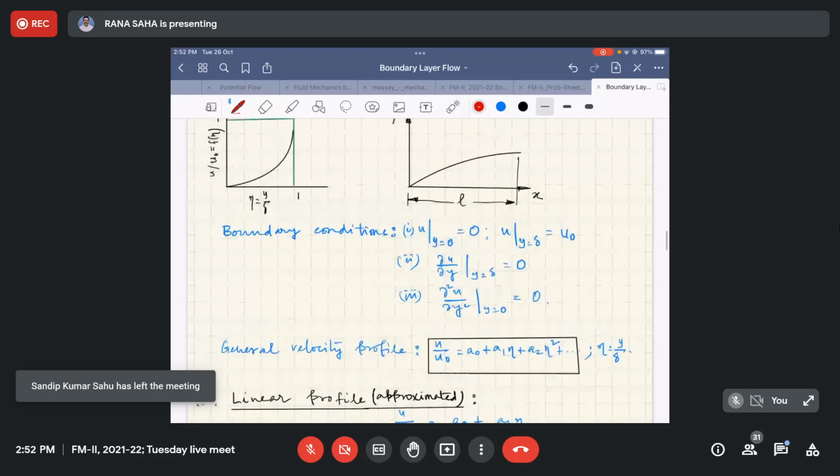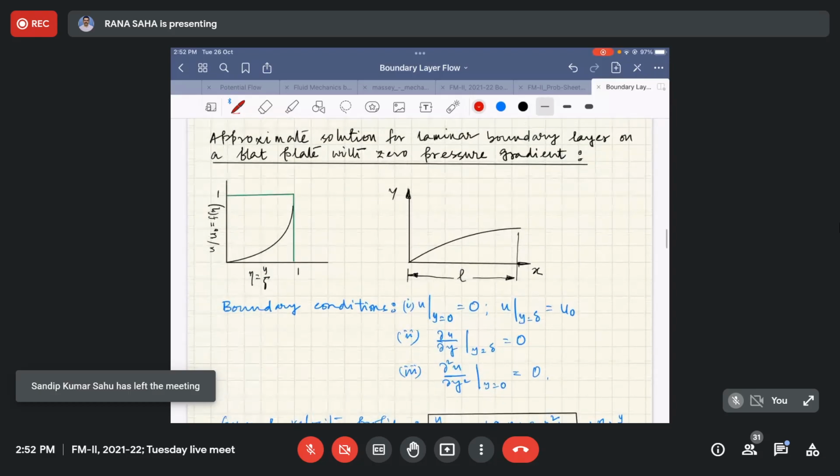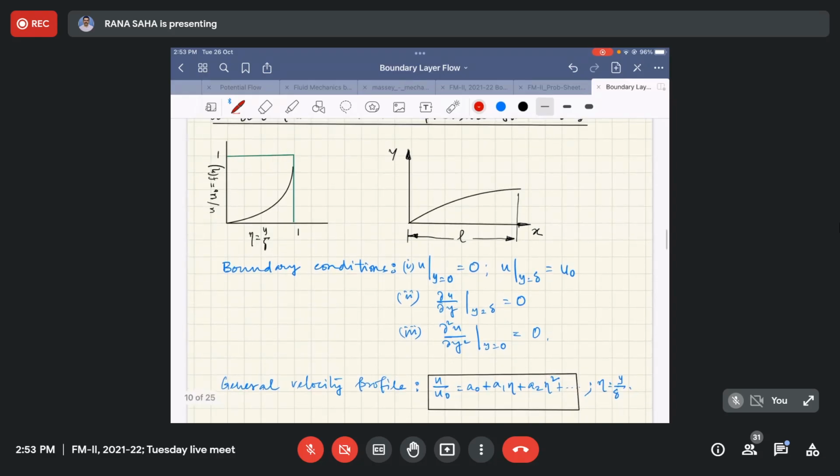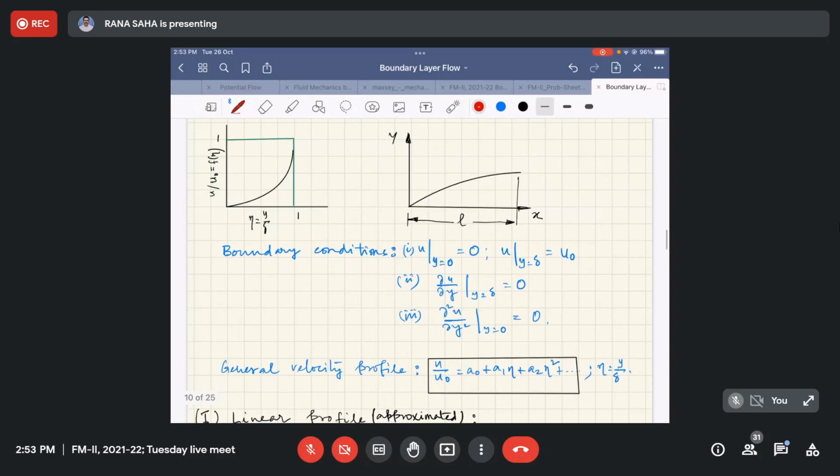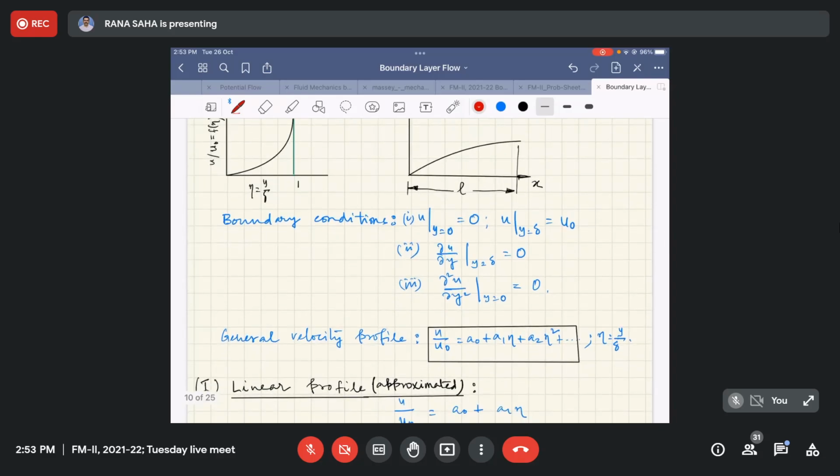And so we have started with a very simple profile. Basically, why this is an approximate solution, because here you need to assume the velocity profile. Okay, so that velocity profile may be just a linear profile like this, or it could be, in general, nth order polynomial like this.